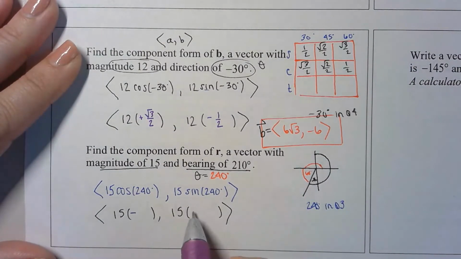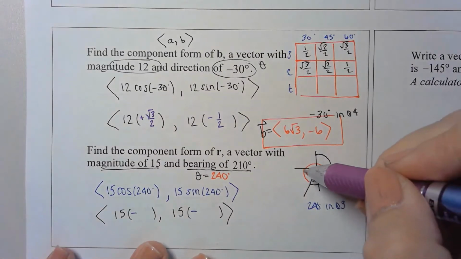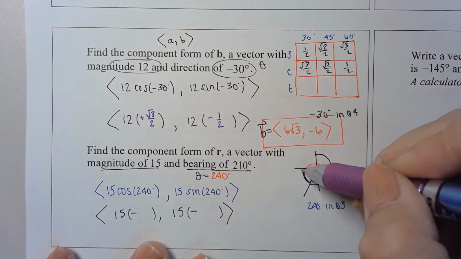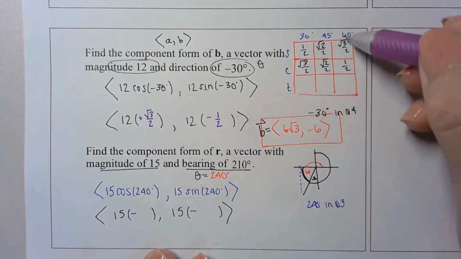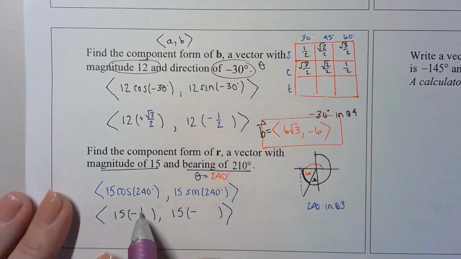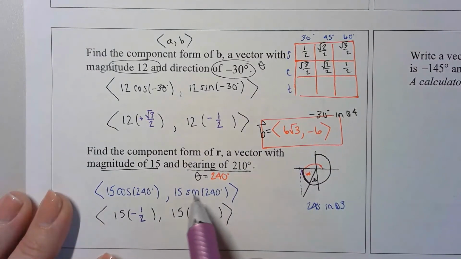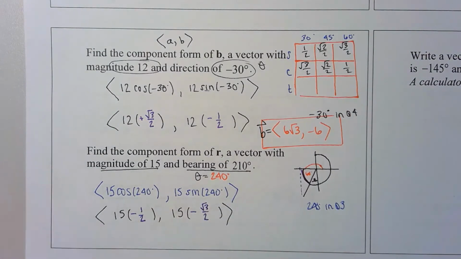Cosine and sine are both negative. And I love that I already have this. This is 60 degrees. That's my reference angle. Remember, reference angles get measured up to the x-axis, so I'm looking here. So I need the cosine of 60, which is 1/2. And then I need the sine of 60, which is radical 3 over 2.